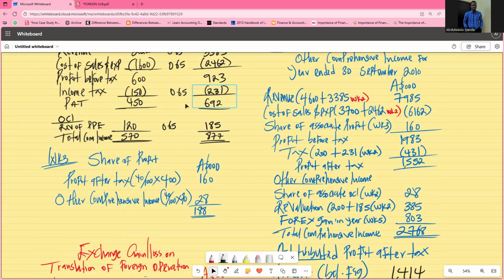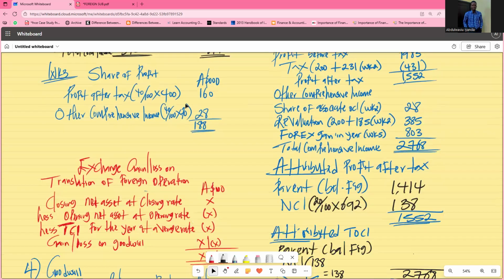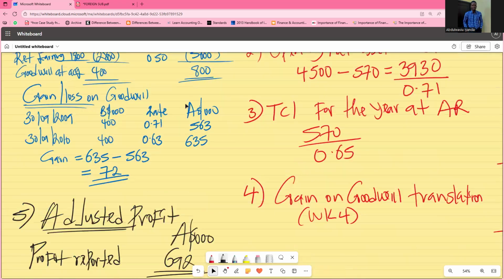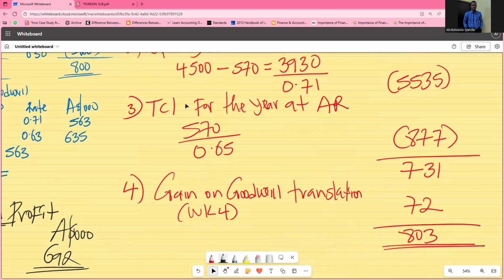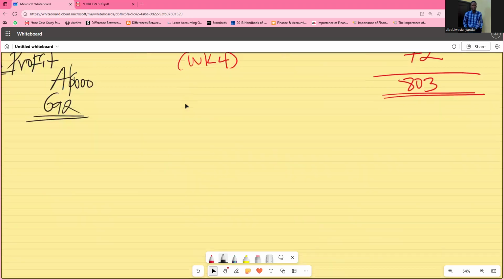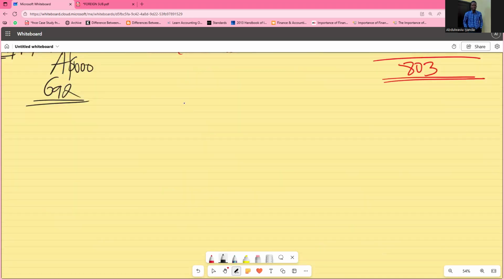Now, that is that. The next thing that we're now going to do is, you can see that the subsidiary has a gain. Go back to your, where's the FX gain? You can see that the subsidiary has a gain of 103. So let me do that NCI.